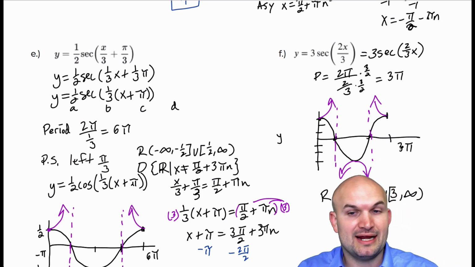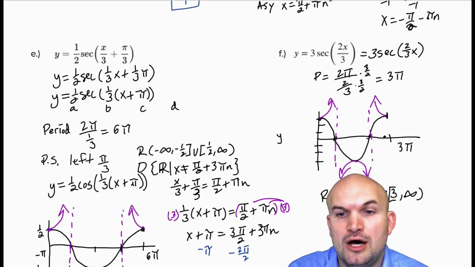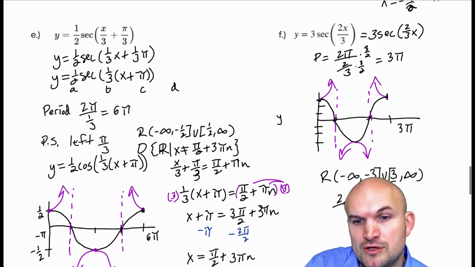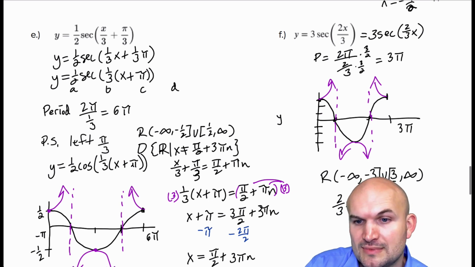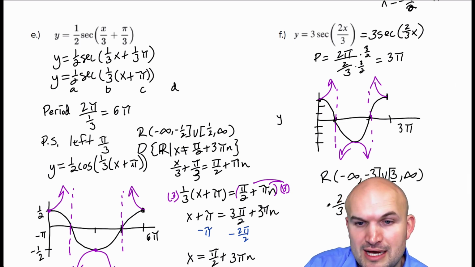All right. Now the domain, again, I need to figure out where these asymptotes are. So all I'm going to simply do is, again, take what transformations I have inside of my function, which is 2/3 x, and set that equal to my equation for my asymptotes for secant. And then I'm just going to multiply by the reciprocal on both sides.